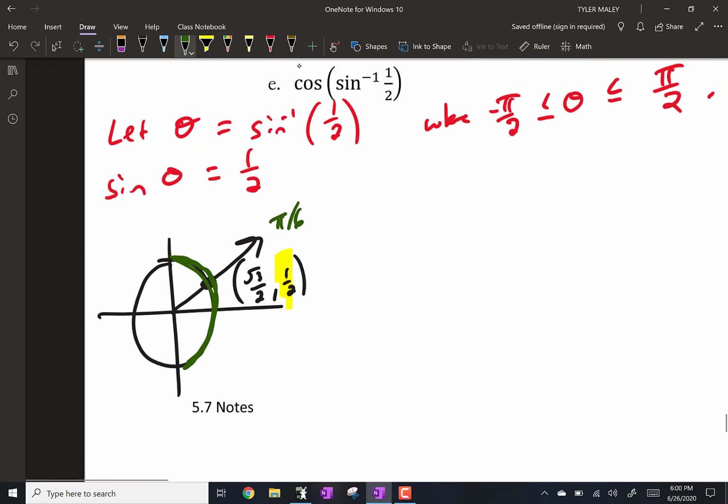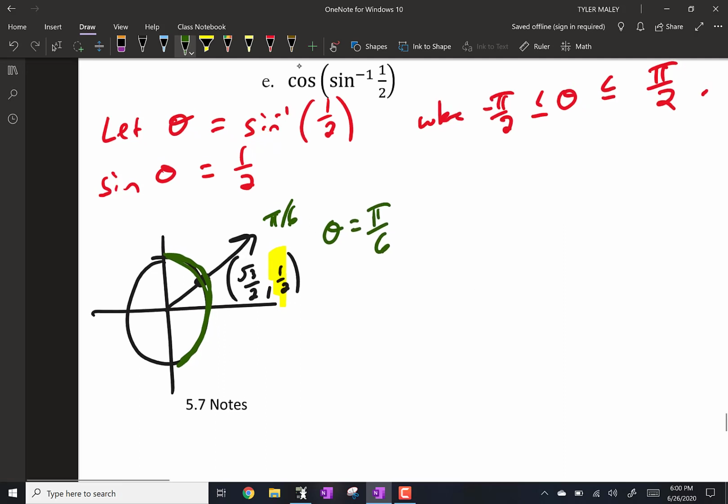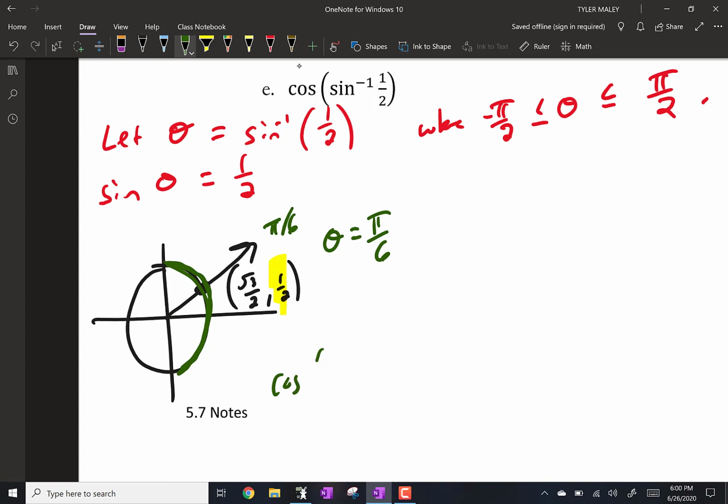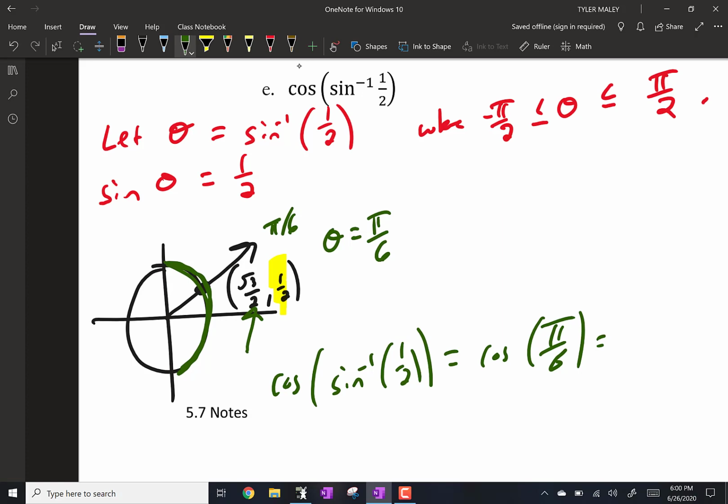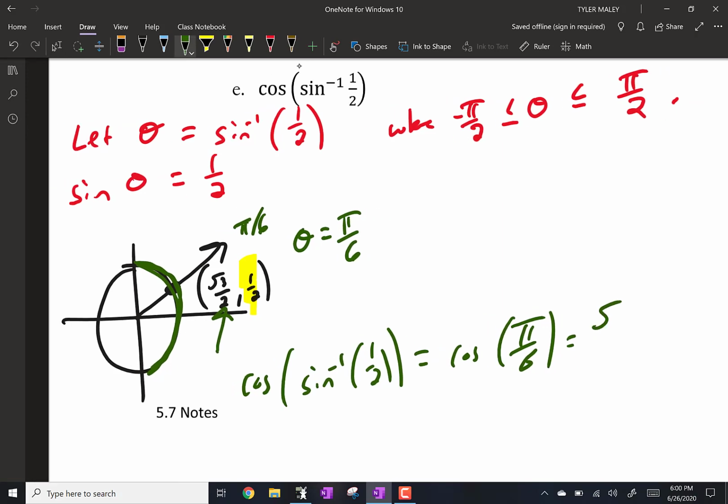So theta is equal to π/6. So cosine of inverse sine of 1/2 is equal to cosine of π/6, which is equal to the x-coordinate of this point, radical 3 over 2. So that's the solution there.